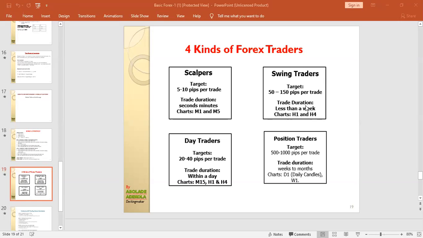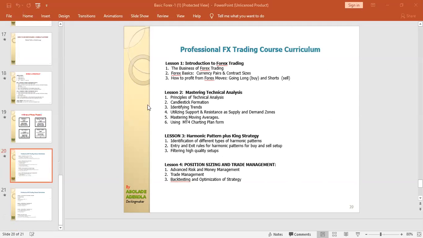Majority of our students, I will say 85 to 95%, fall within day trader and swing trader, because to be a scalper, it means you have a lot of time to stay in front of your system. I hope this is well understood. That is the end of our training tonight.